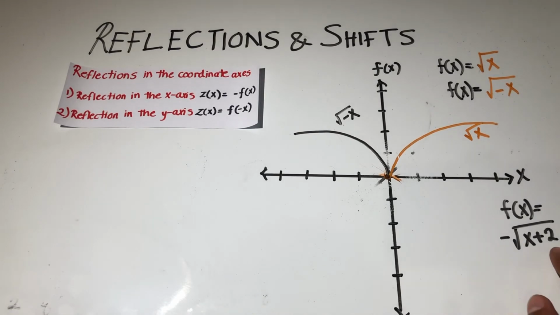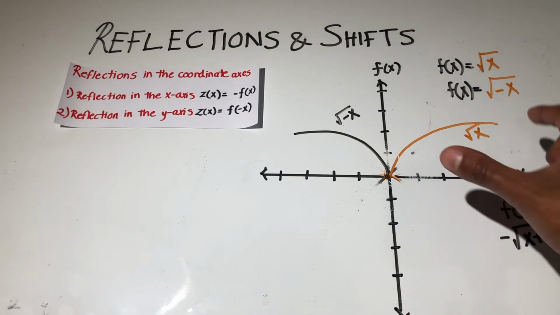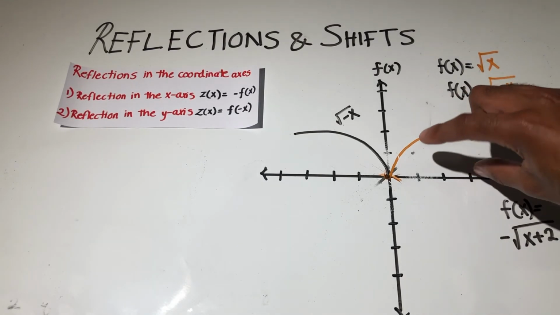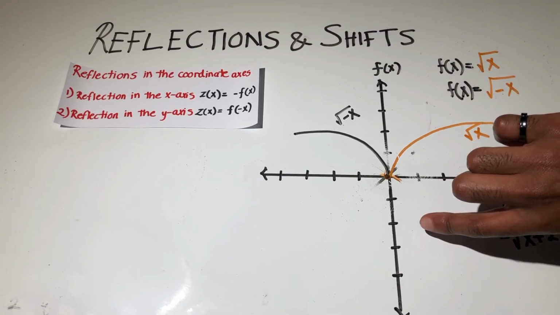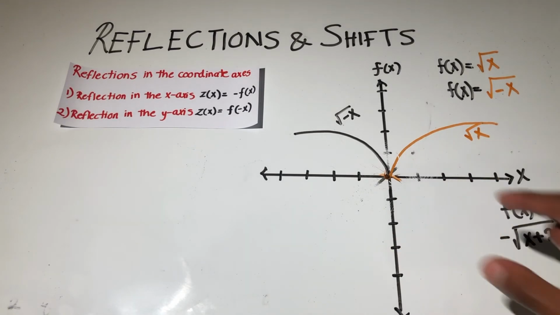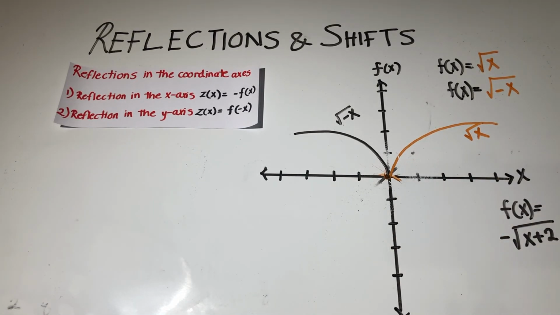And then notice we also have a horizontal transformation. X plus 2 means it's going to be shifted 2 units to the left. So first of all, it's going to reflect along the x-axis, and then it's going to move 2 units to the left.